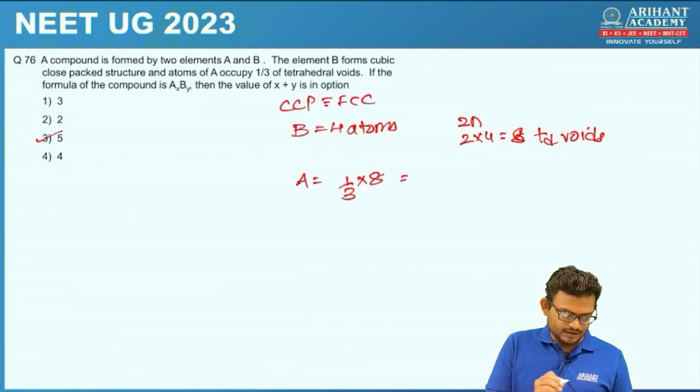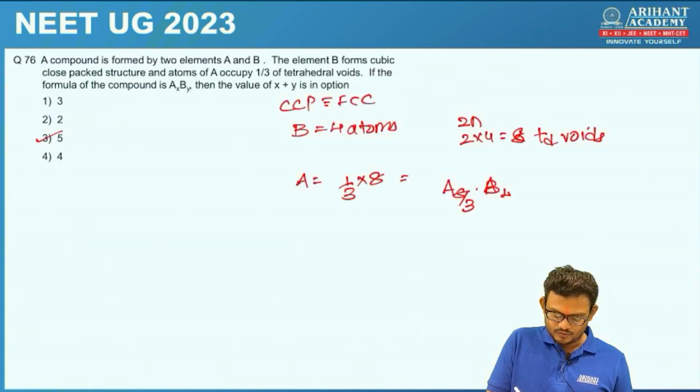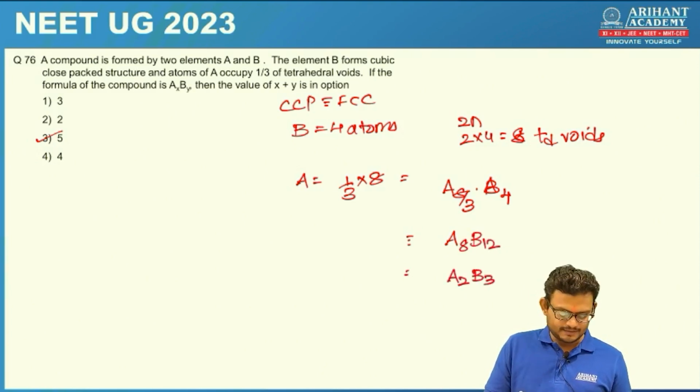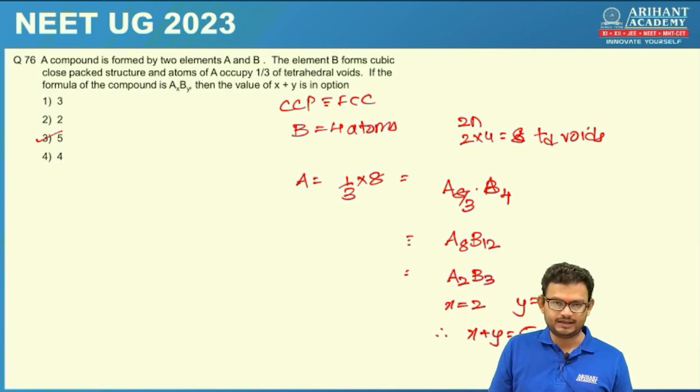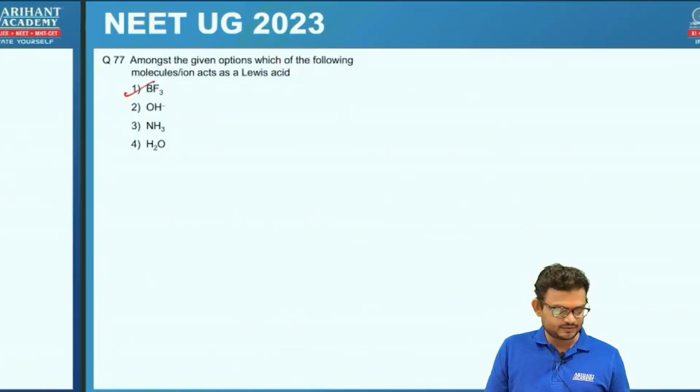So the formula of the compound would be A 8/3, B 4. If I try to solve it further, it becomes A8 B12, reducing down to A2B3. If I compare this with AxBy, x is 2, y is 3, and so x plus y becomes 5, which is option 3. Now let us move to the next question here.